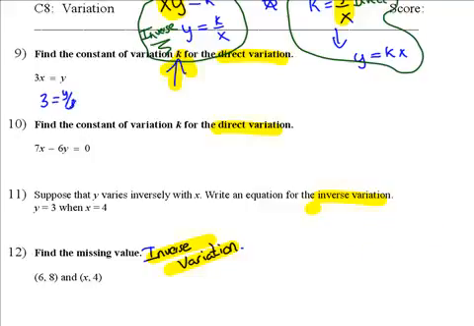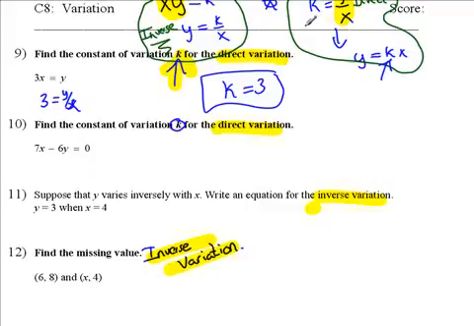So my constant is this thing that y over x equals. My constant is 3. That's it. That's number 9. The constant of variation. If I look right here, notice that y equals kx. This is y equals 3x. The constant has to be 3. It's done.